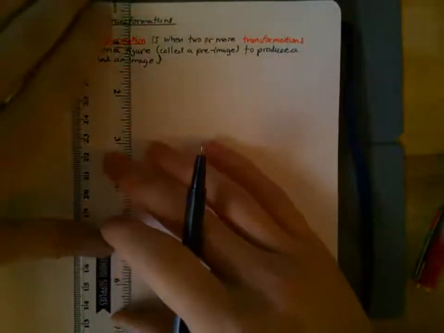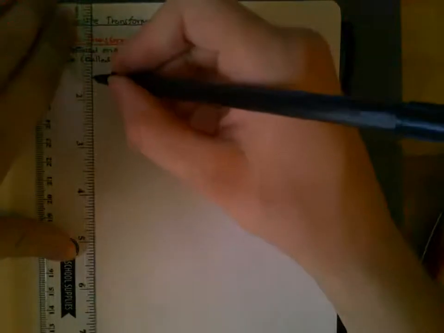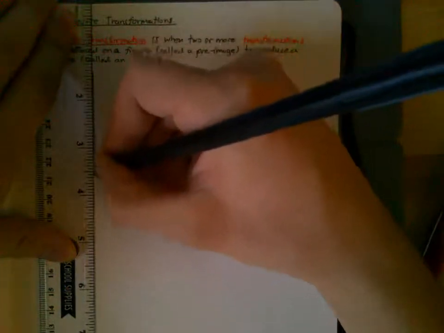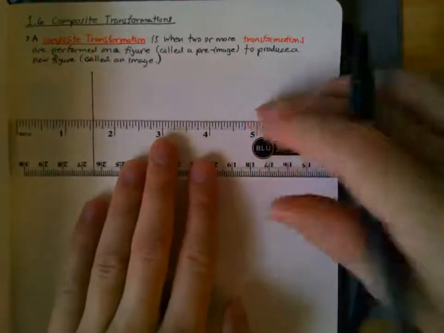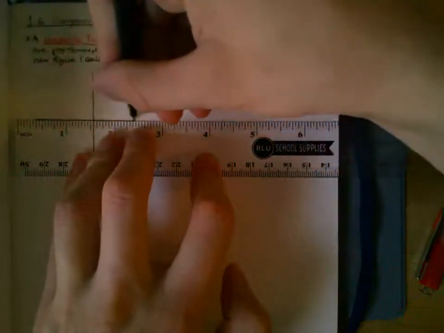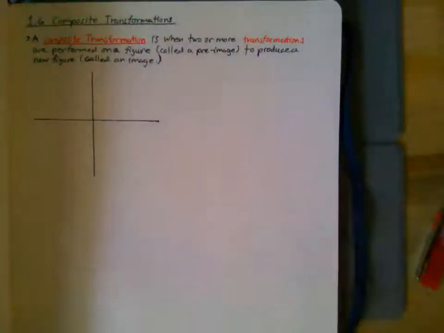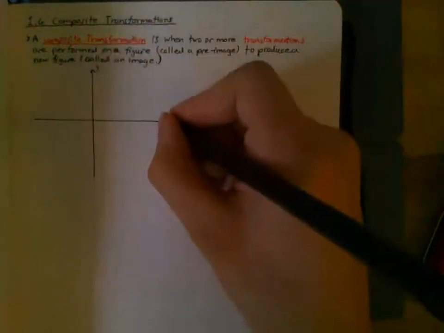All right, let's say, for example, I had 1, 2, 3, 4, 5, 1, 2, 3, 4, 5. Let's say I had a coordinate plane, as we can see here.